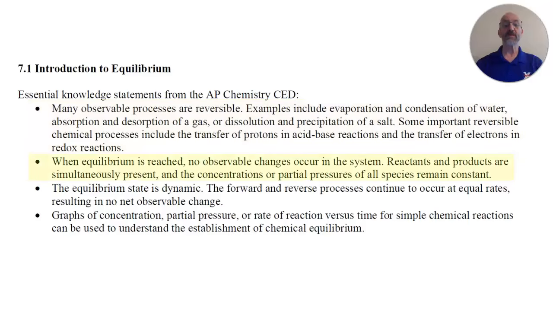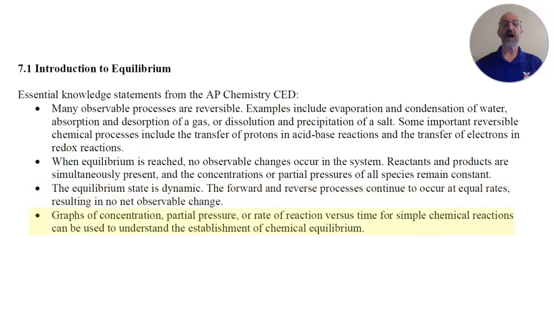When equilibrium is reached, no observable changes occur in the system. Reactants and products are simultaneously present, and the concentrations or partial pressures of all species remain constant. The equilibrium state is dynamic. The forward and reverse processes continue to occur at equal rates, resulting in no net observable change.